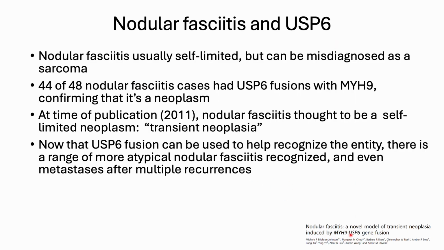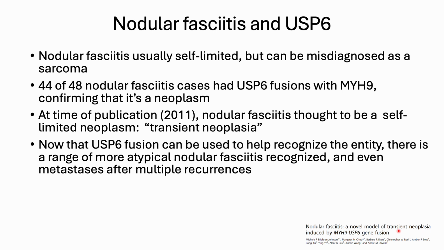So this study from 2011 showed 44 of 48 cases of nodular fasciitis had USP6 fusions. So we can diagnose this with a USP6 FISH break apart probe. So this confirms that it's a neoplasm rather than a reactive process. At the time of the publication of this paper in 2011, nodular fasciitis was thought to be a self-limited neoplasm.